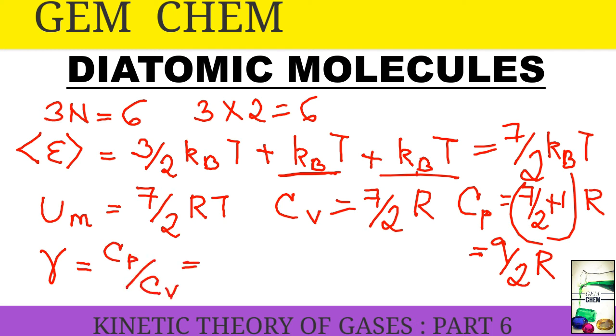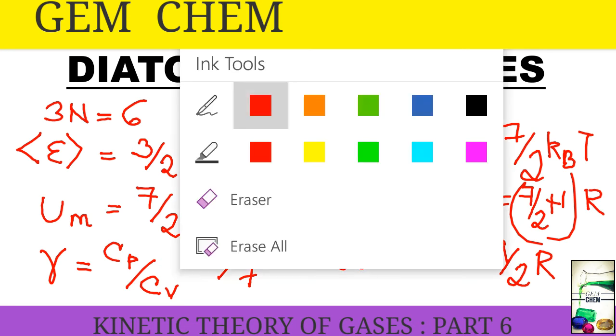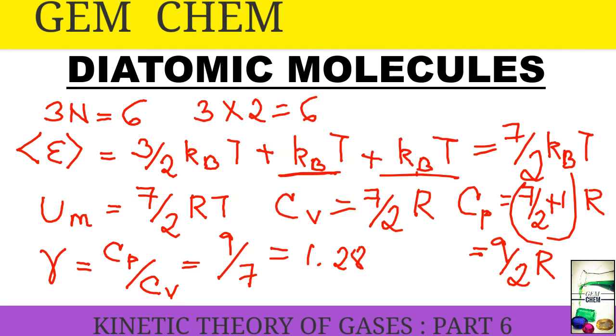So it equals 9/7, which is equal to 1.28.